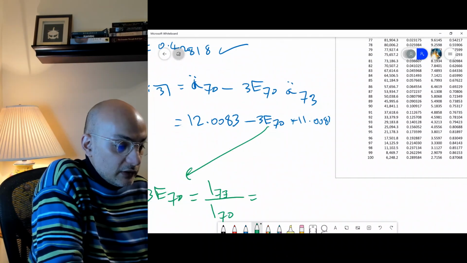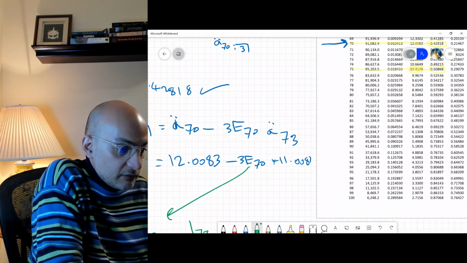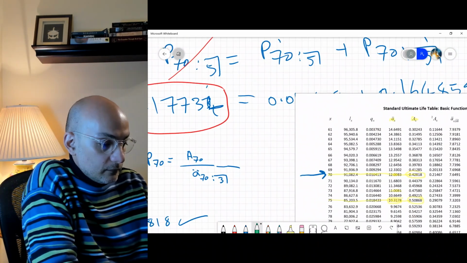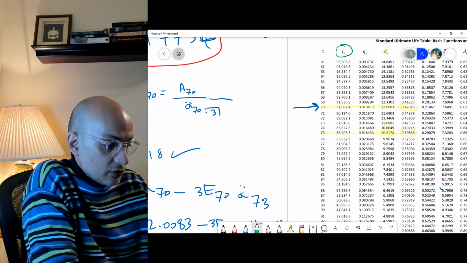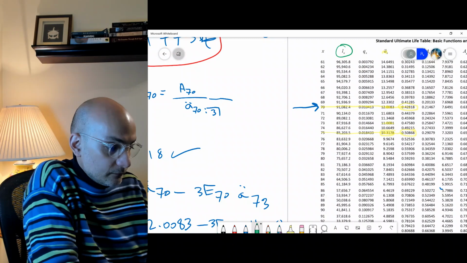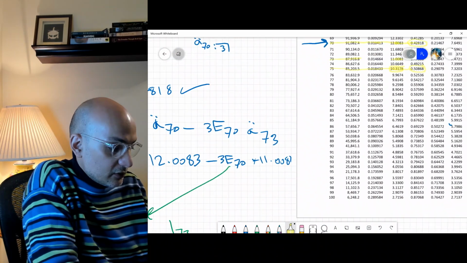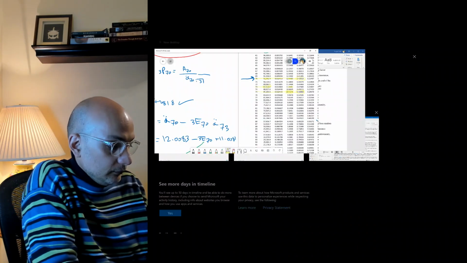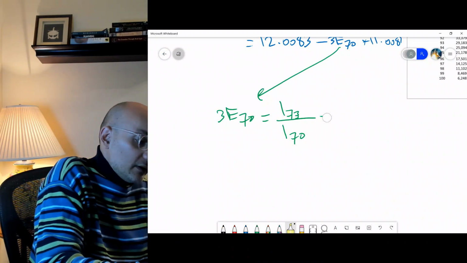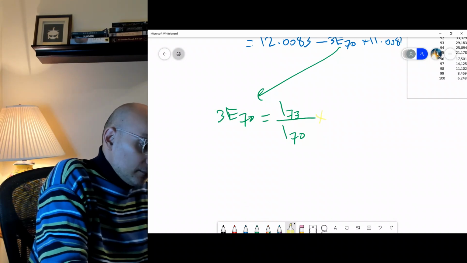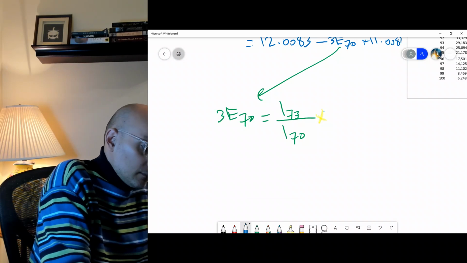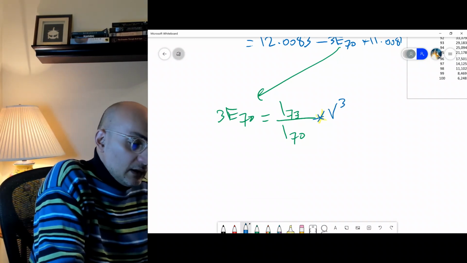Now we go to the L. What is L? The cohort that survive to the age of 70. You look at your table here. This is the L of X. We look at the cohort surviving to 73 and we divide it by L70, multiplied by V3. V is the interest.